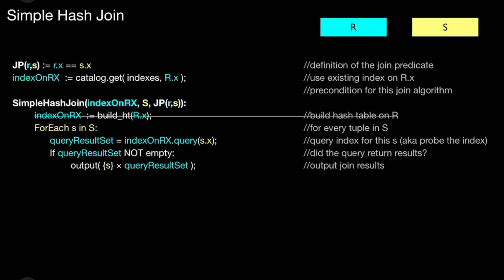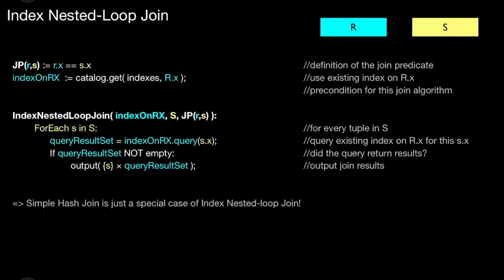Index nested loop join is typically assumed to have the index already there before I execute the join. Simple hash join is more like, oh no, there's no index, so I create a hash table, which is an index. But in spirit, it's the same thing. You have an index either built before or on the fly, and then you probe the other relation against the index. That's it. Those are those algorithms.